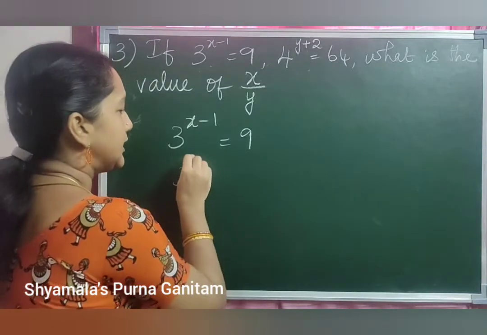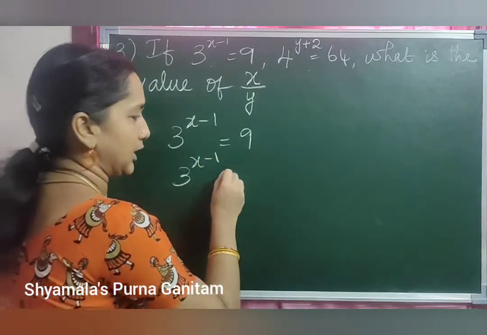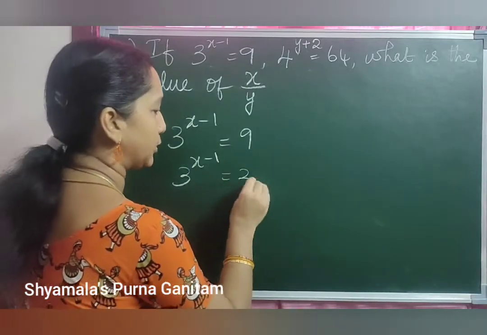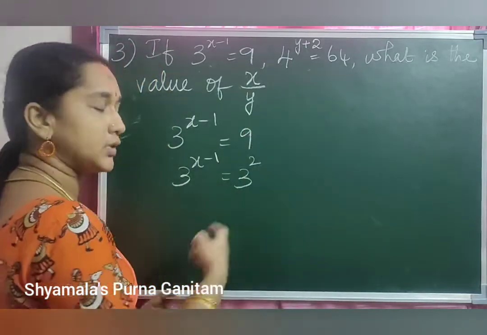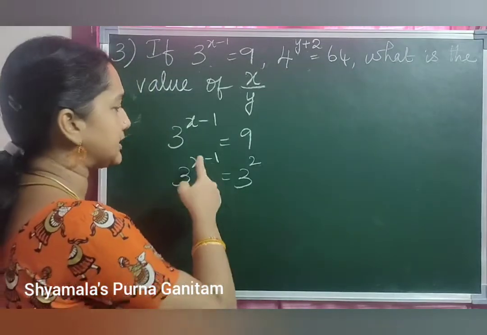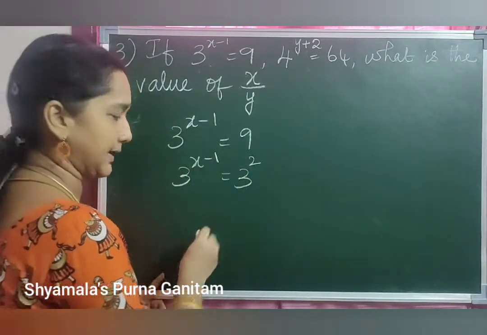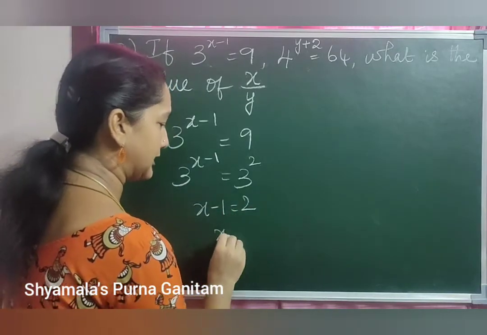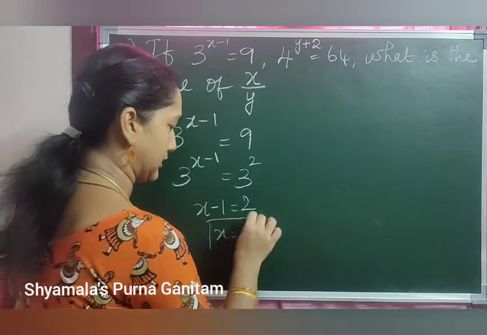That means here 3 power x minus 1 is equal to this 9. You can write it as 3 power 2. Now since the bases are the same in both LHS and RHS, the power values will be the same. So x minus 1 is equal to 2 and you get x is equal to 3.